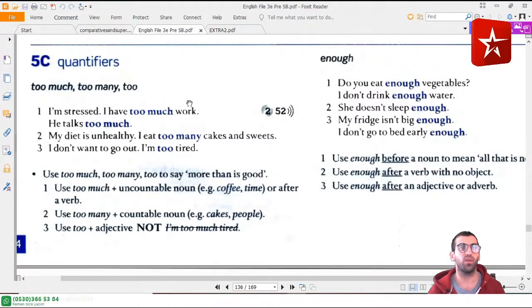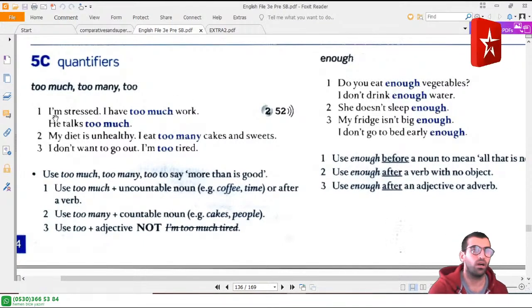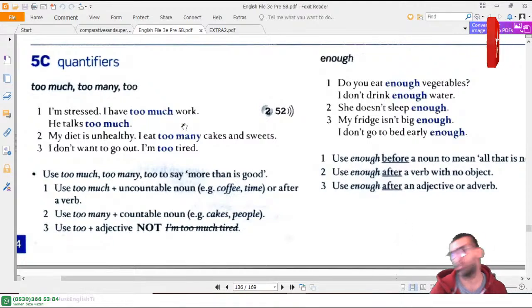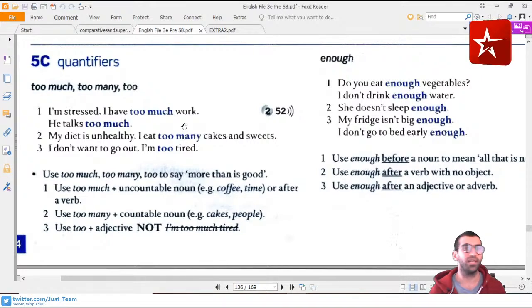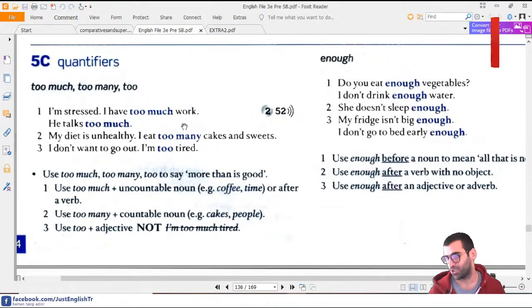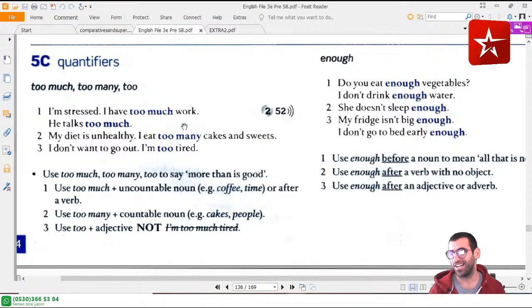Yes. For example, I am stressed. I have too much work. Work is an uncountable noun. That's why I use too much. And also we can use too much after a verb. For example, the teacher talks too much. Yes, I'm talking to the screen, getting your answers to my questions and checking your comments if they are correct or not.